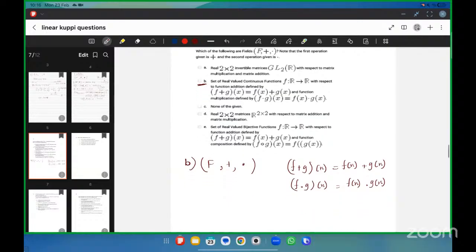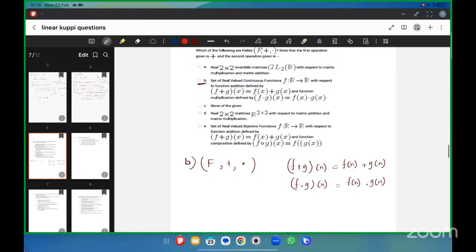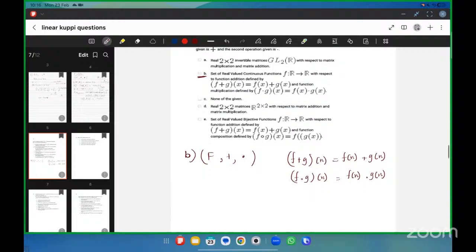If we get anything in that inverse or their output, we can tell that condition is not satisfied. Okay, so here first we have to check whether plus is an abelian group or not.